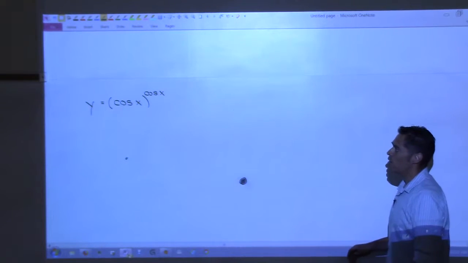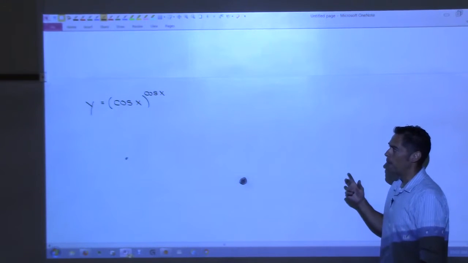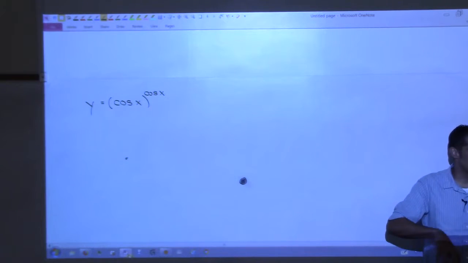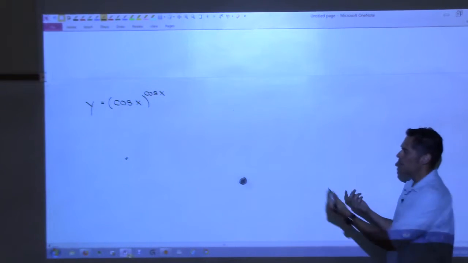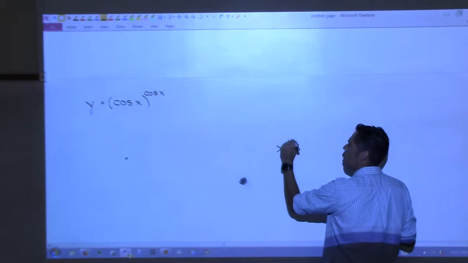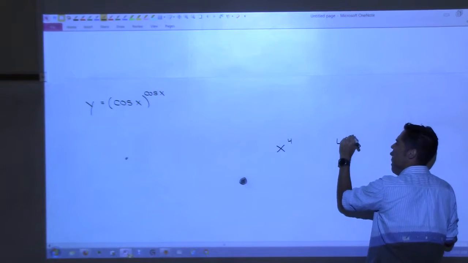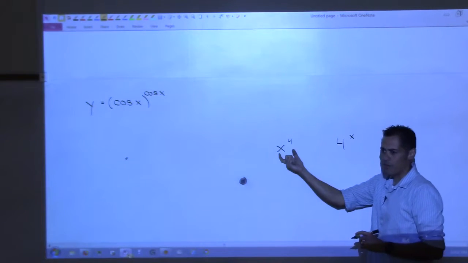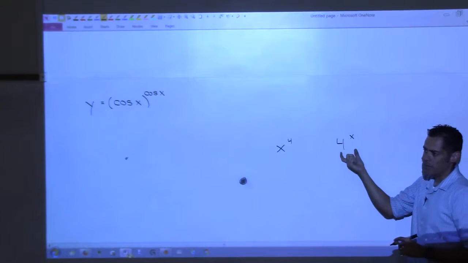What I mean by that is you've never had your variable appear in both the base and the exponent. You've seen x to the 4th, and you've seen 4 to the x. This is called a power function, and this is called an exponential function.